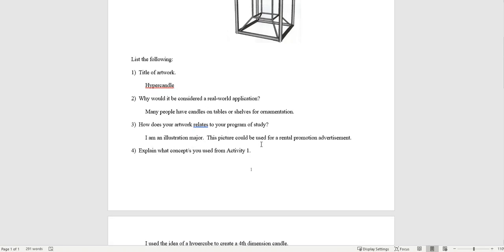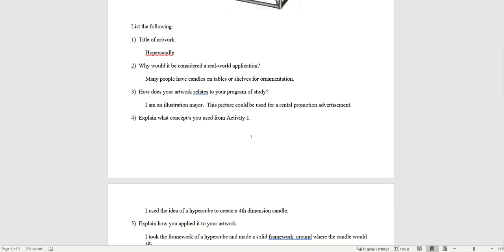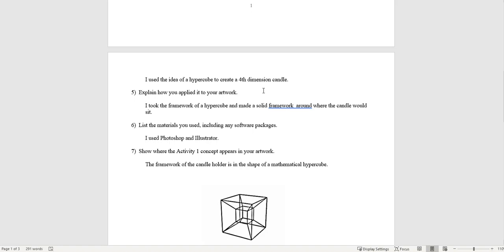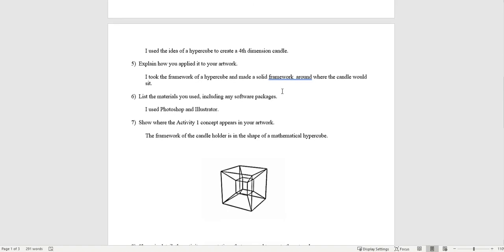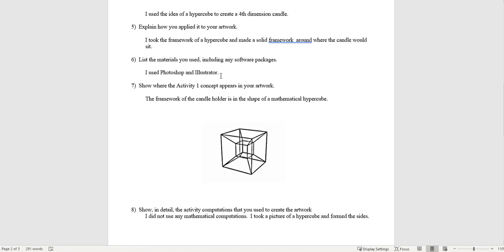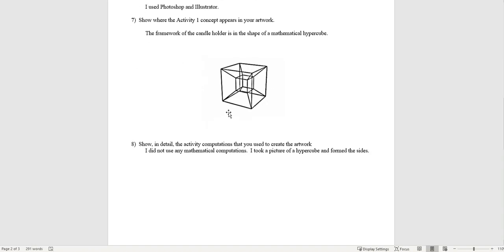They were an illustration major, and it was for a rental promotion advertisement. They wanted a fourth dimensional candle. They took the framework of a hypercube, and they used Photoshop and Illustrator, and they built that.